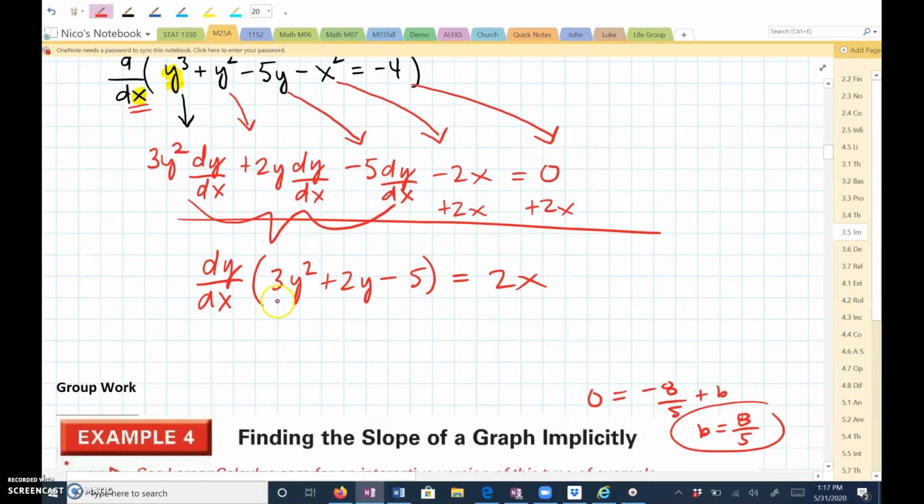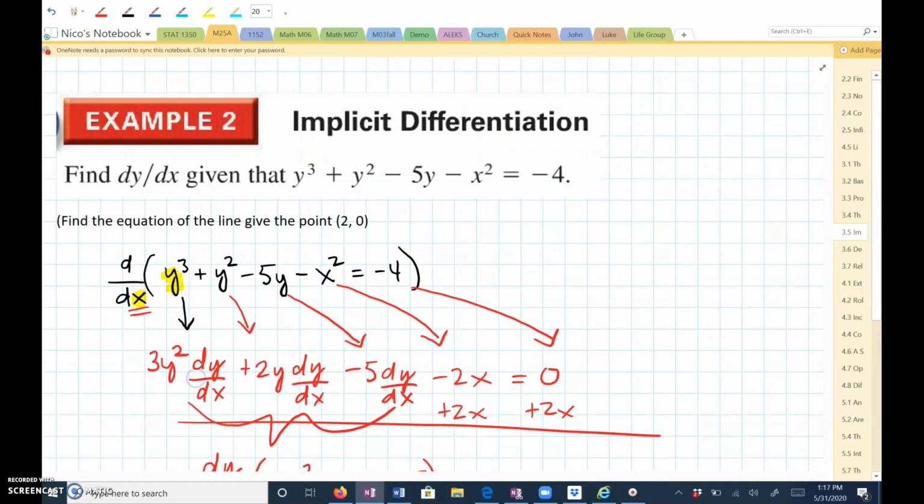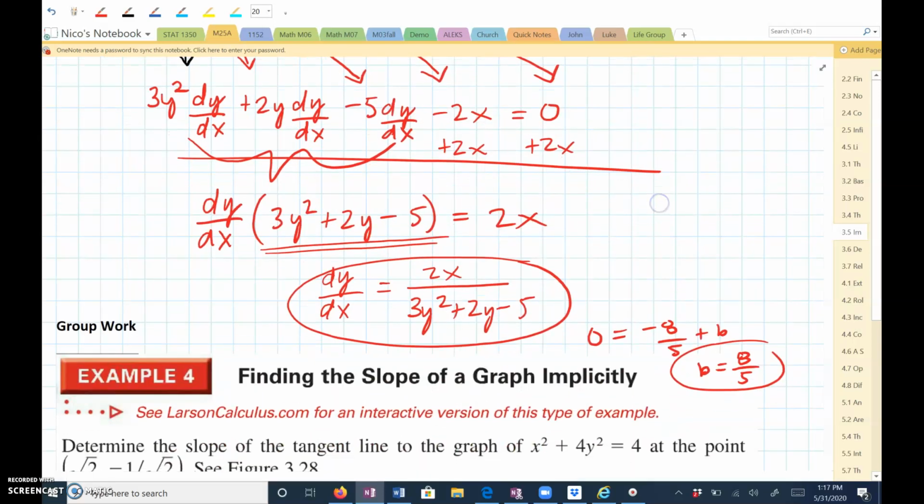Then I'm going to divide both sides by this guy here. So dy dx equals 2x all over 3y squared plus 2y minus 5. So that would be solving for dy dx. But this problem, they wanted you to go the extra mile. They wanted you to find the equation of the line given the point 2, 0.